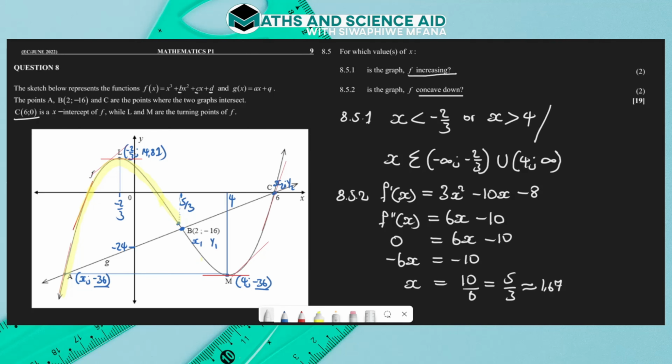Therefore, to answer this question, it means that the values of x where the graph of f is concave down are all those values that are less than 5 over 3. So as long as x is less than 5 over 3, the function f will be concave downwards.